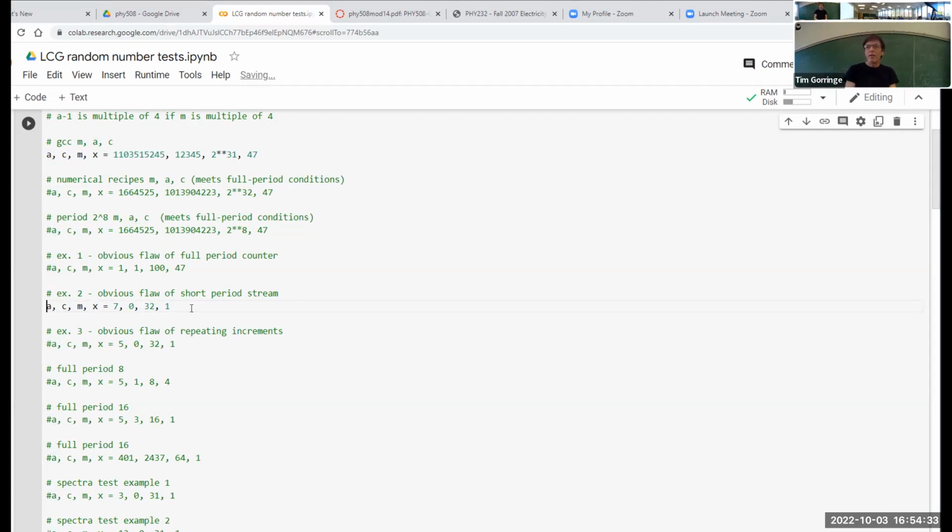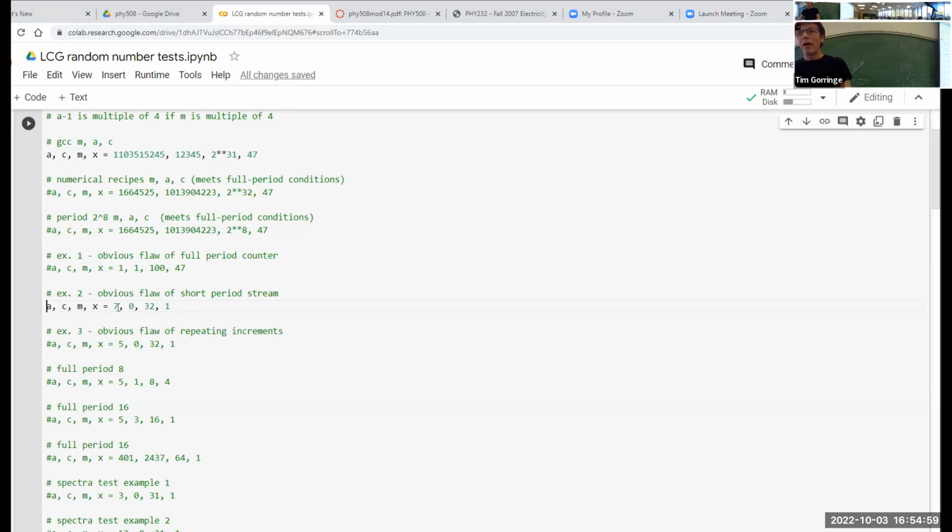Okay, so in this one, I'm playing around. I've realized, well, I don't want to multiply by 1. Multiplying by 1 is a really bad idea because if you add 1, you increment by 1. If you added 2, you'd be incrementing by 2. You're just building an incrementer. So let's multiply by a bigger number. Here I'm multiplying by 7.